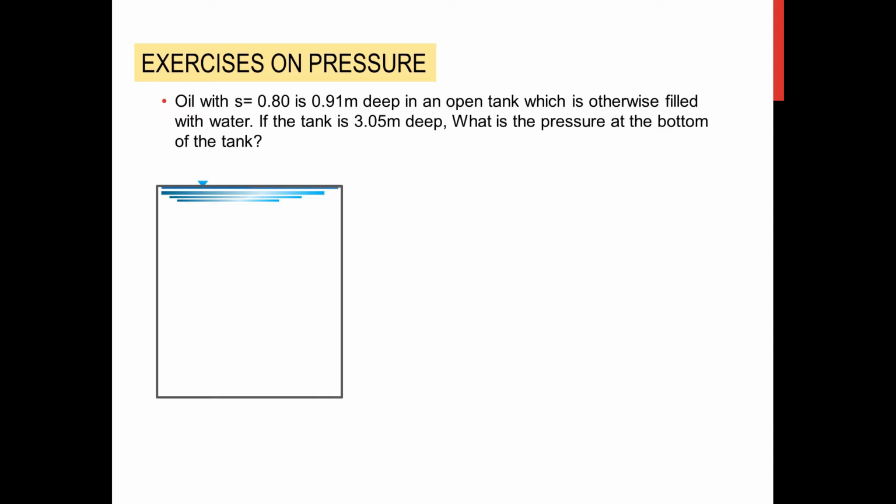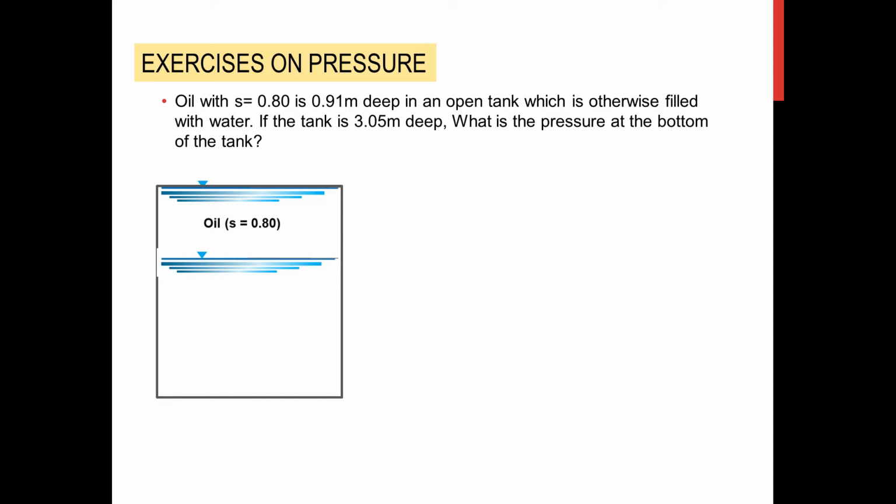So naturally, with that premise, oil will just float on top of water. The lighter liquid will float on the heavier liquid. So therefore, oil will be on top of water.